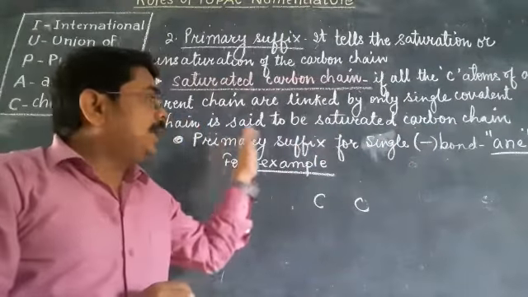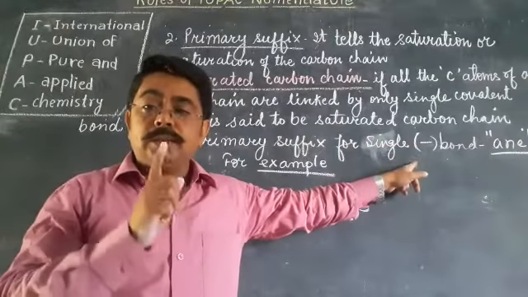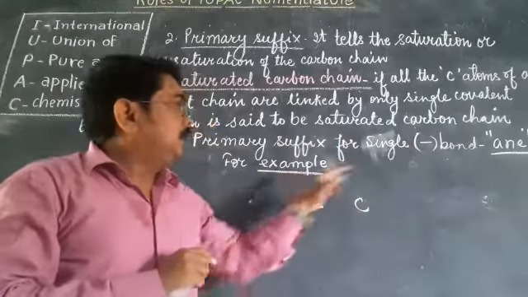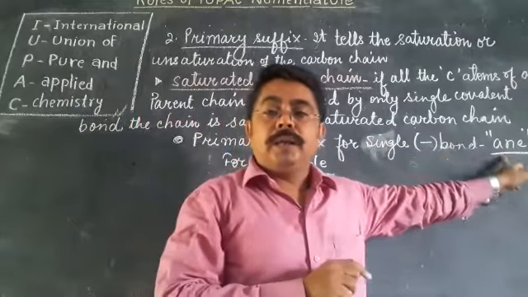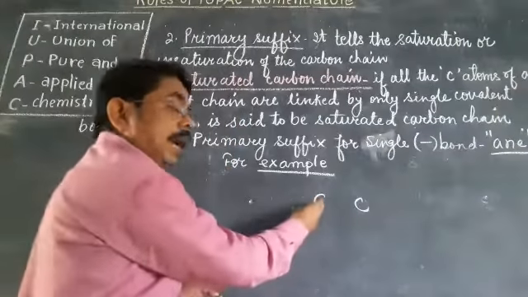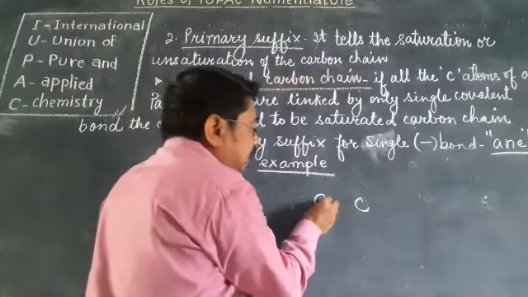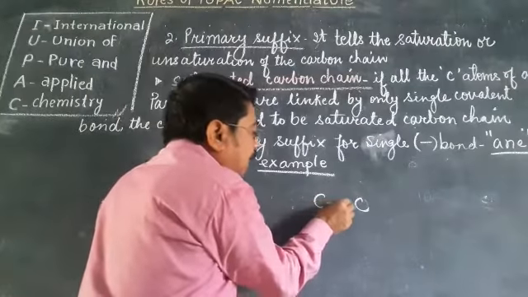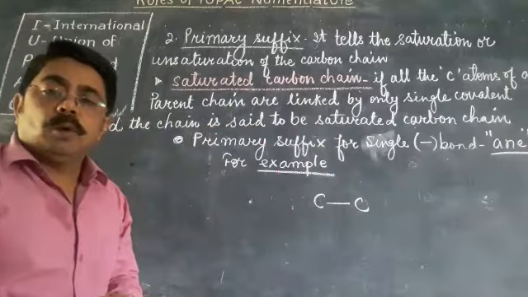Now, the primary suffix for single bond, that is, a saturated carbon chain, is "an" and "e". Please pay attention here, "an" and "e". Let us take an example. Suppose we have a chain in which there are two carbon atoms and both carbon atoms are linked by a single bond.